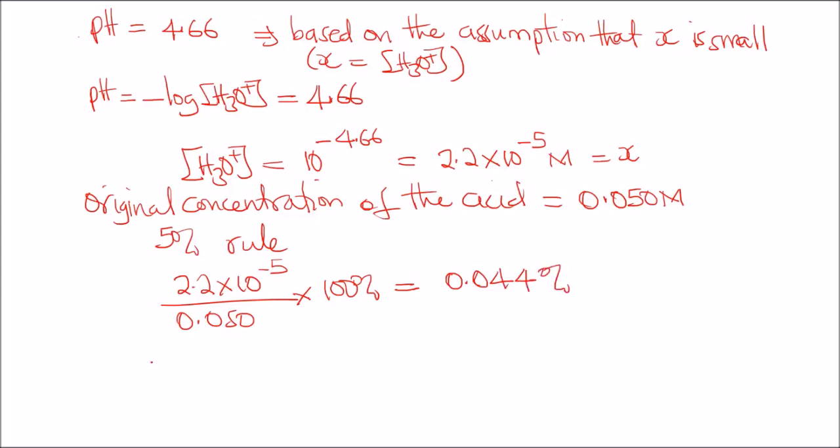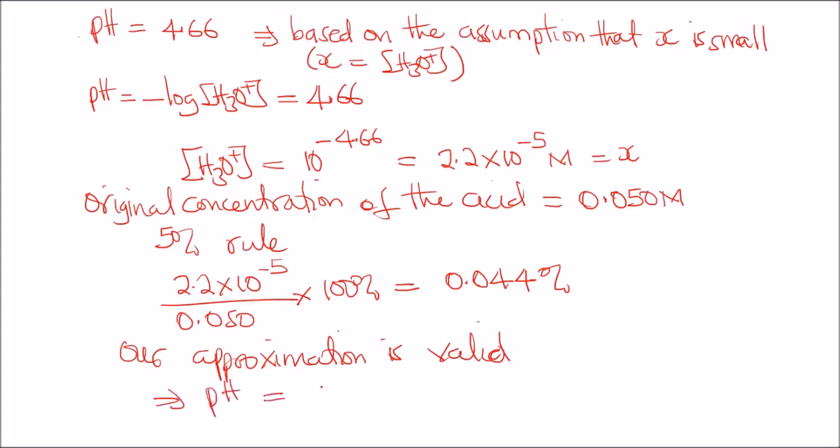Therefore, our approximation is valid. This implies the pH is actually 4.66. So this is how we calculate pH using the Henderson-Hasselbalch equation.